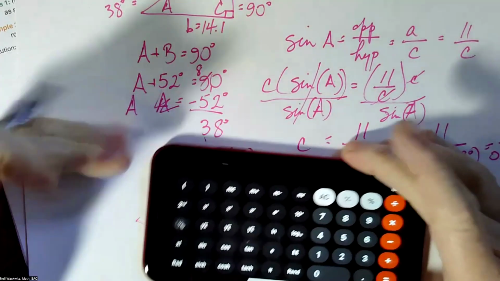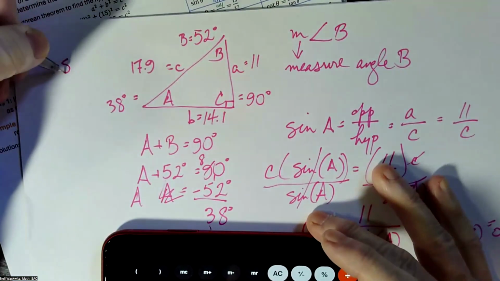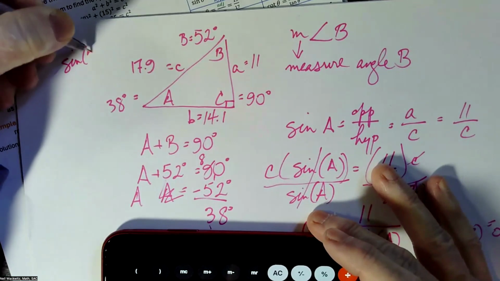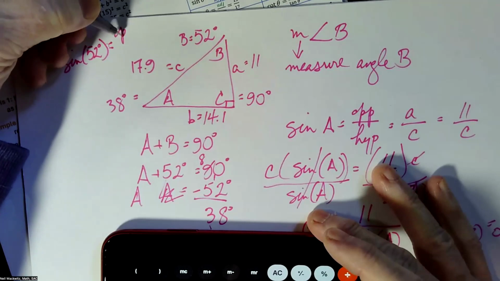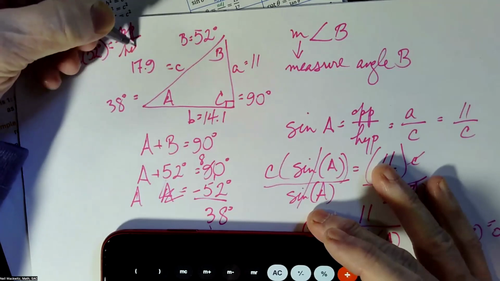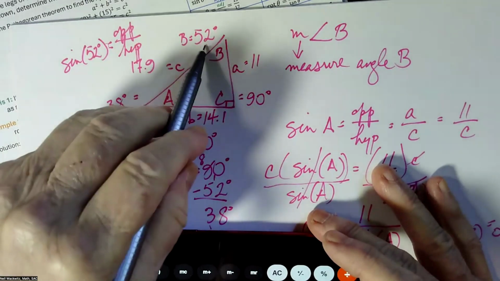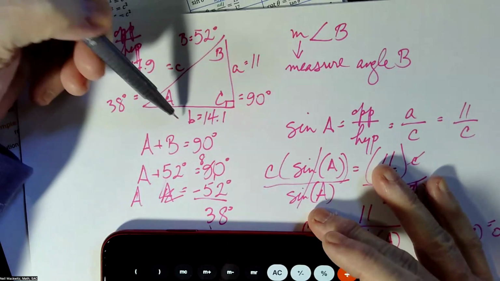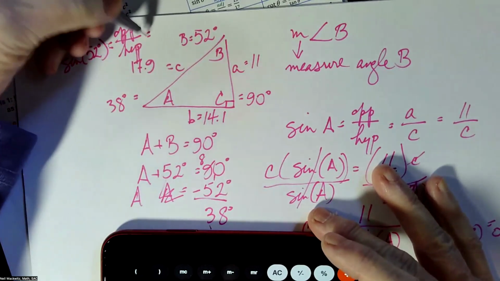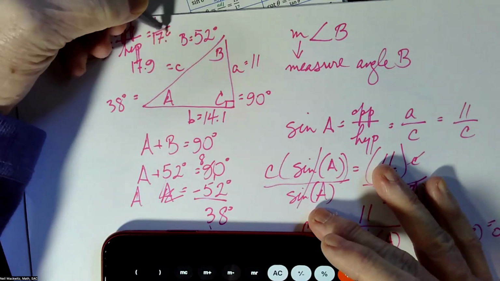Let's find B using the sine of 52, because we know that the sine of 52 degrees, well, sine is always opposite over hypotenuse. We know the hypotenuse, and we know the sine of 52. The opposite of 52 is B. So we've got B over 17.9.